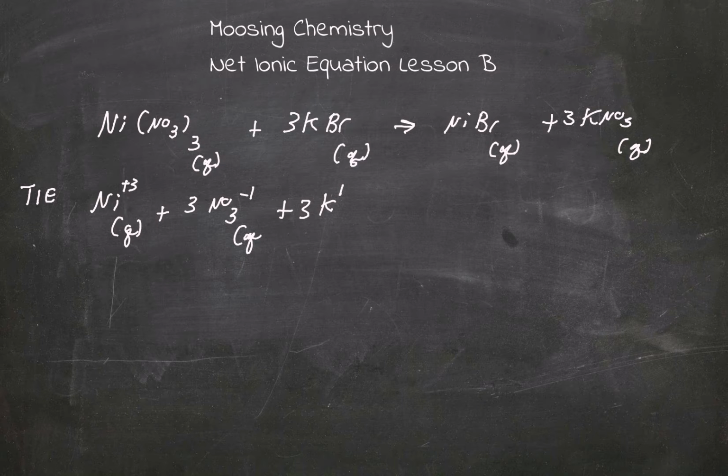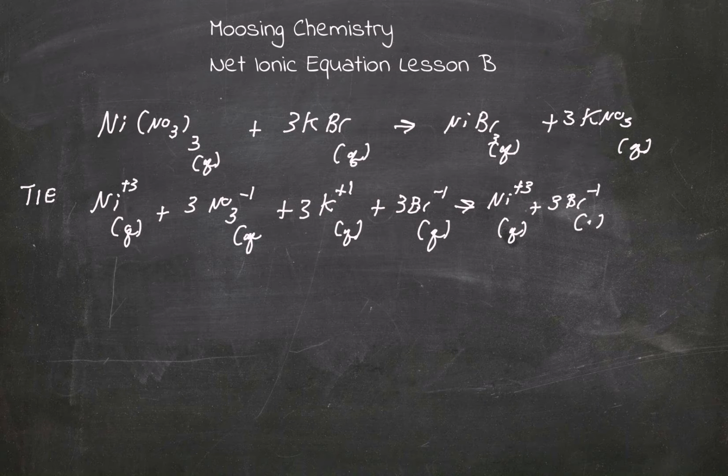So it'll be 3 K plus 1 (aq) plus 3 Br minus 1 (aq) yields Ni plus 3 (aq) plus 3 Br minus 1 (aq) plus 3 K plus 1 (aq) plus 3 NO3 minus 1 (aq).